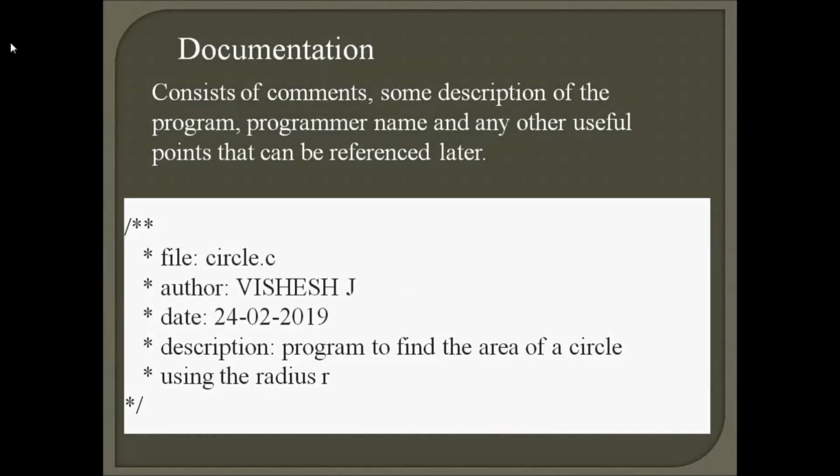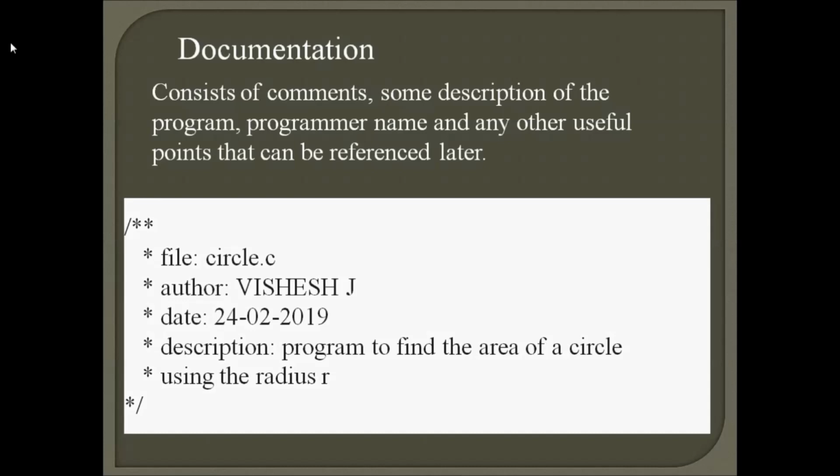Yes, documentation section. What is a documentation section? The documentation section mainly consists of comments or some descriptions of the program, programmer name, and any other useful points that can be referenced later. You can see here, this is the comment section or documentation section of a program to print the area of a circle.